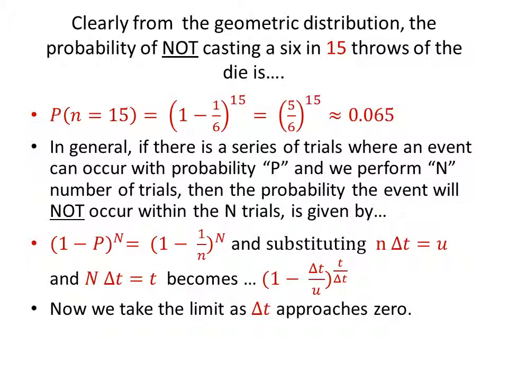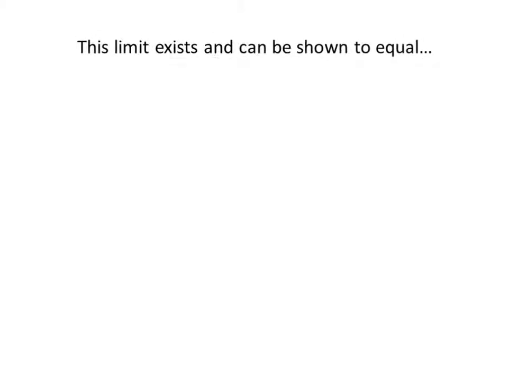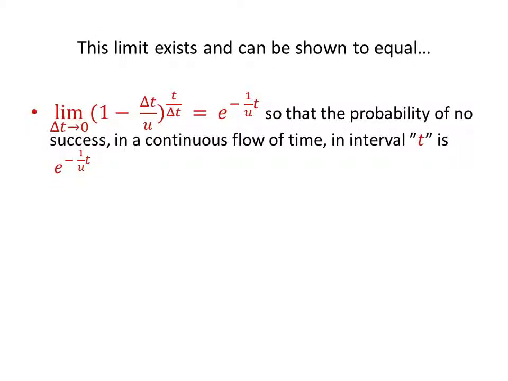Now, we take the limit as delta t approaches 0, and of course this limit does exist and can be easily shown to equal e to the negative 1 over u times t, so that the probability of no success within the time interval is equal to e to the negative 1 over u times t. T is the length of the interval. U is the mean time until success.